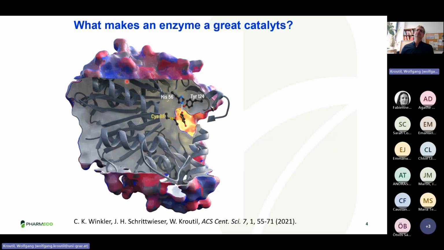Well, you may ask why I'm so excited about the enzymes, or why I think that an enzyme is a great catalyst. You have here a fancy model of an enzyme. What you see here is the active site, the entrance to the enzyme, and you see two substrates, one positioned in the center of the active site, and one bound to the enzyme.